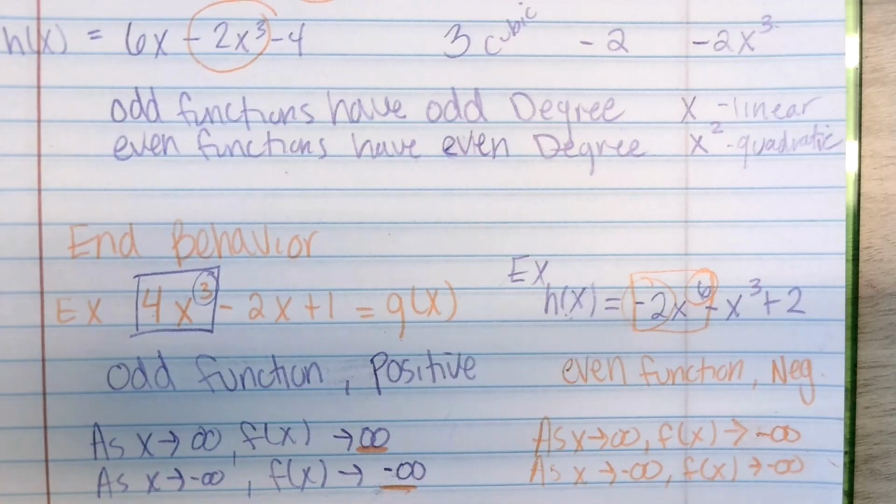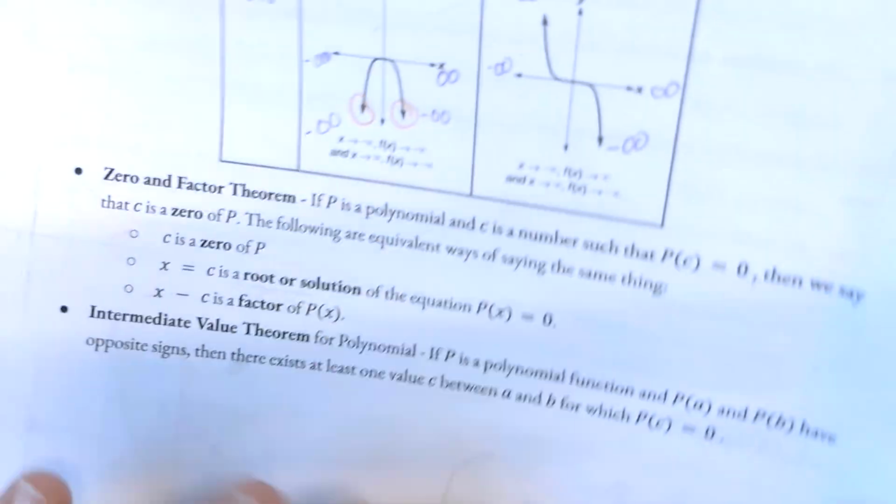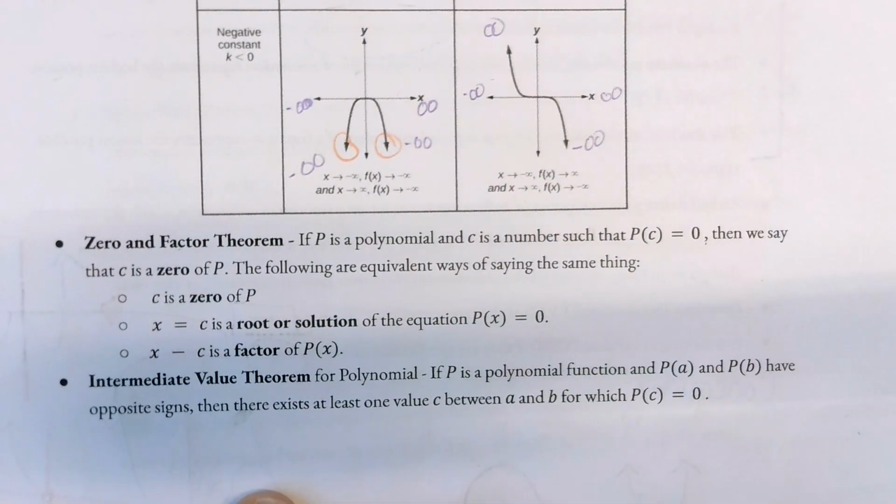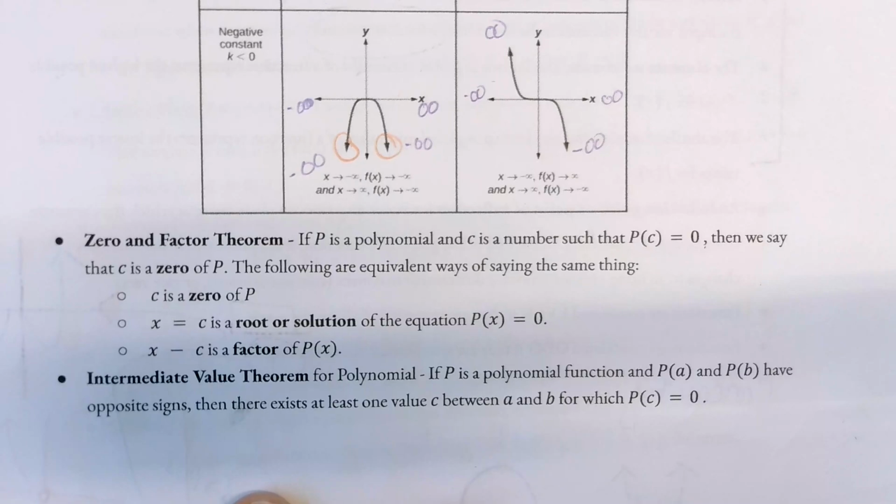Okay, now let's talk about our theorems here at the bottom. We have two theorems. We have a zero theorem and a factor theorem.